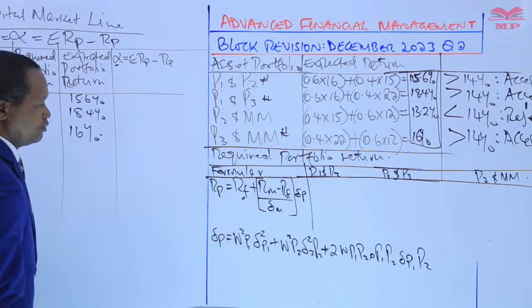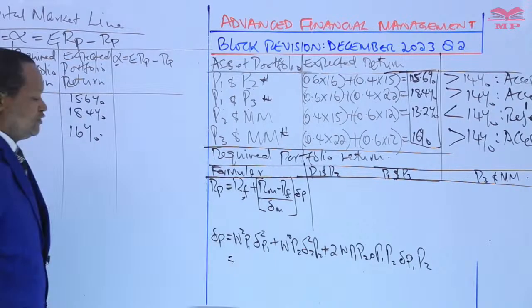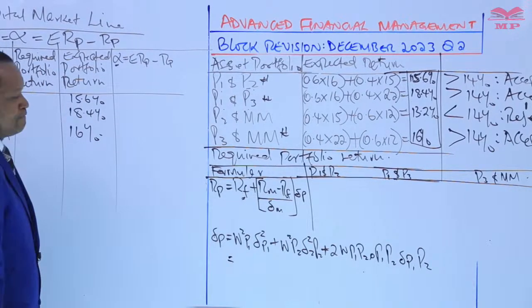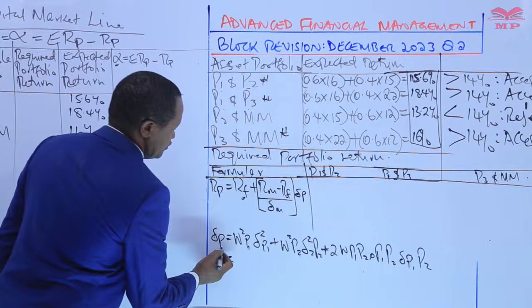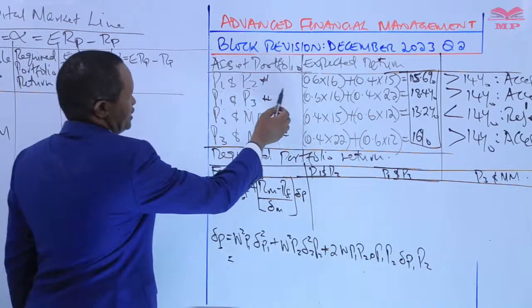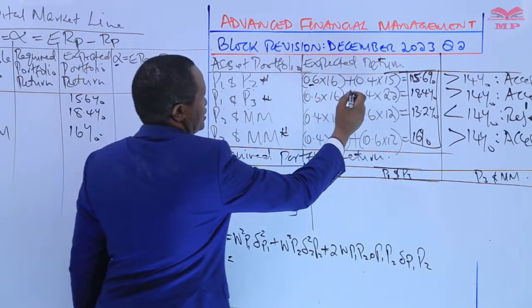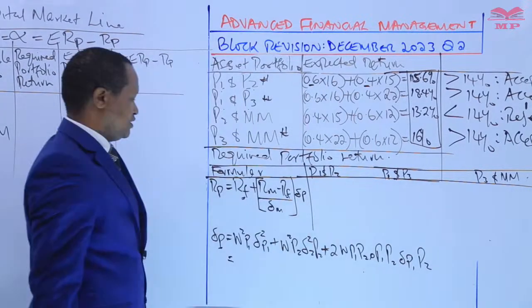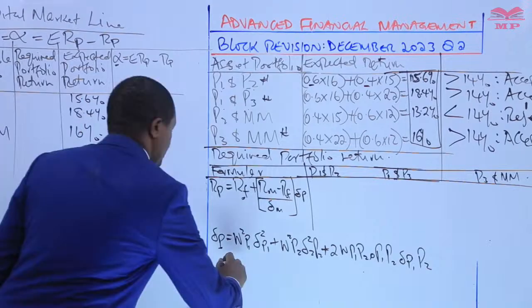So that's the formula for the standard deviation of the portfolio of P1 and P2. We have the weights. We had already determined the weights. So we square the weight.